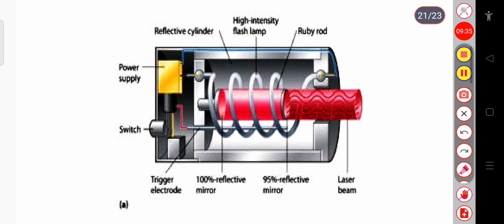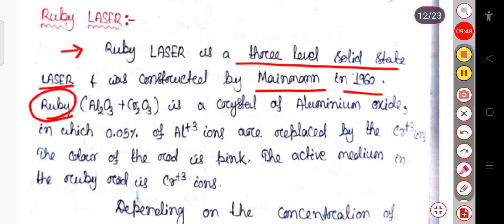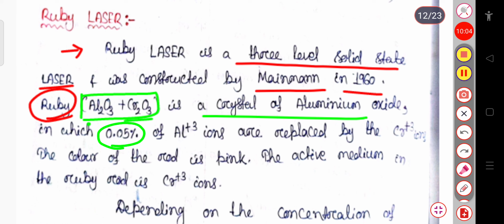I will tell you about the color of this ruby rod. Here you can see this ruby rod is the combination of Al2O3 plus chromium oxide, that is, aluminum oxide and chromium oxide. This is a crystal of aluminum oxide in which 0.05% of the aluminum 3+ ions are replaced by chromium 3+ ions.